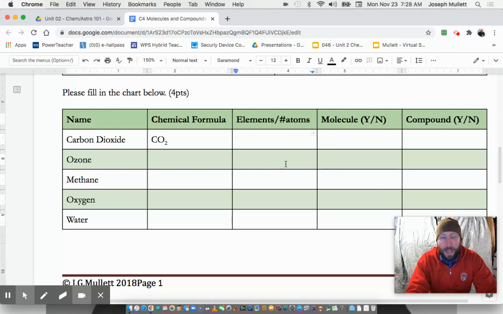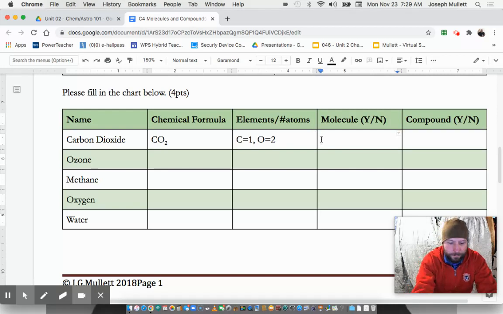Now, what elements or atoms and number of atoms are there in CO2? Well, I know that I've got one carbon, and so I'm going to say carbon equals 1 and oxygen equals 2, because there's two oxygens being shown right here. All right, next up, now, is this a molecule?